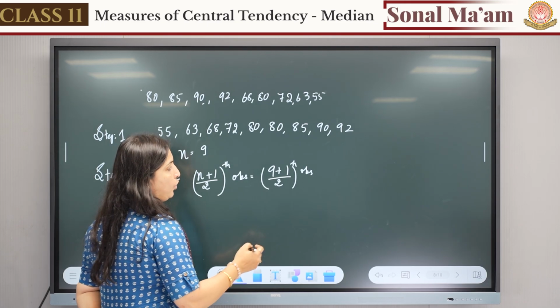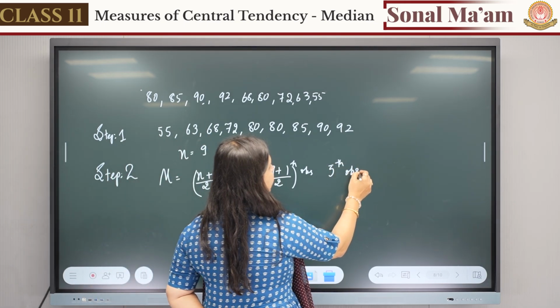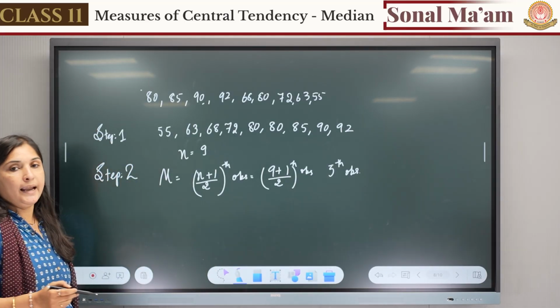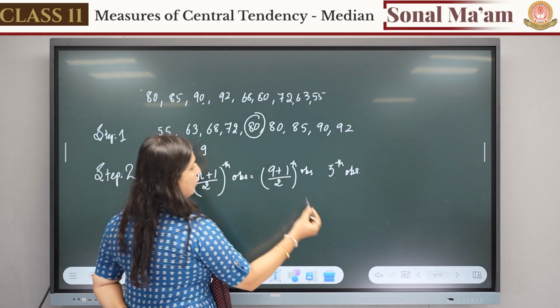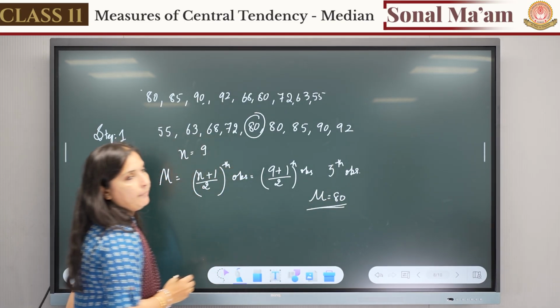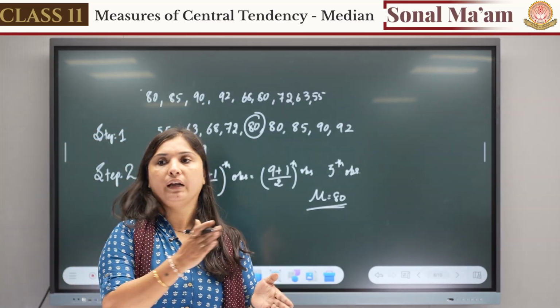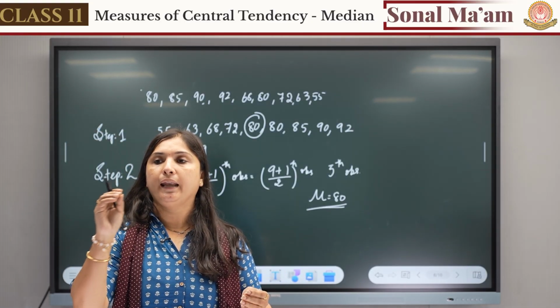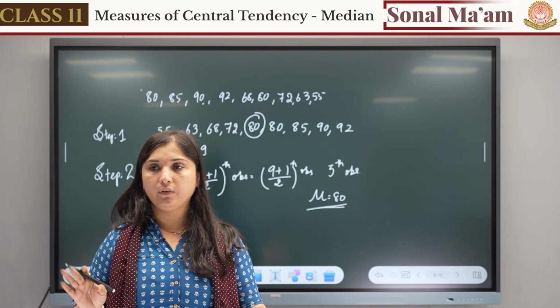So 10 by 2, 5th observation. Let's go 1st, 2nd, 3rd, 4th and 5th. So my m will be the middlemost value, and m is 80. For raw data, nothing else needs to be done, we just have to arrange in the ascending order, and then n plus 1 by 2th observation. That's it. Is it clear to everyone?